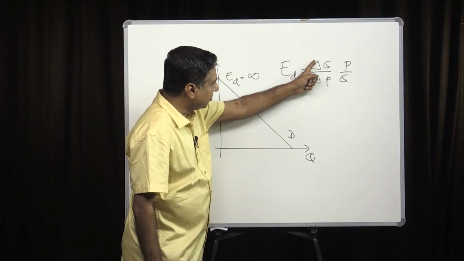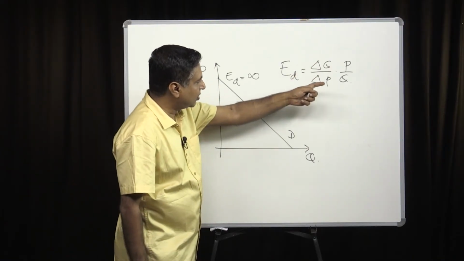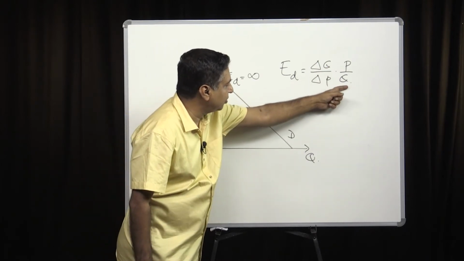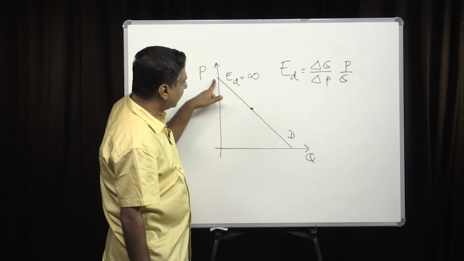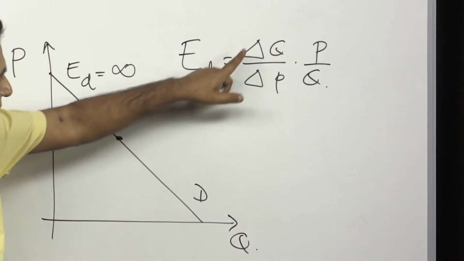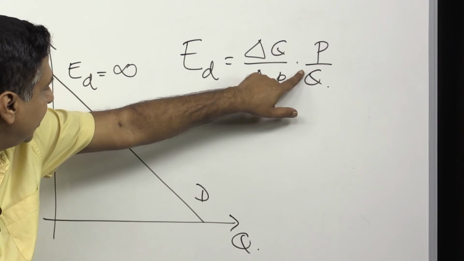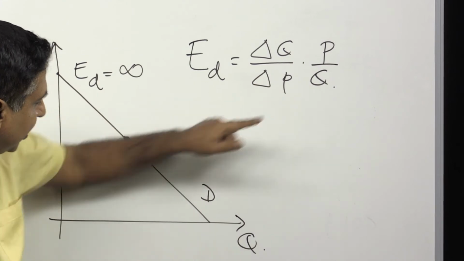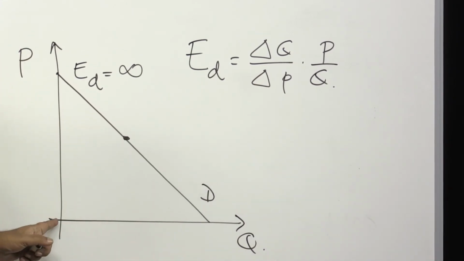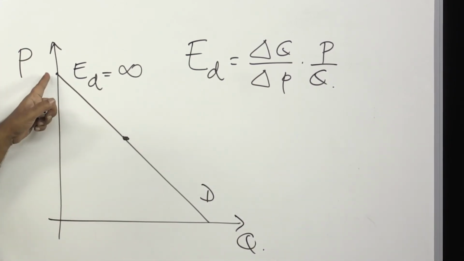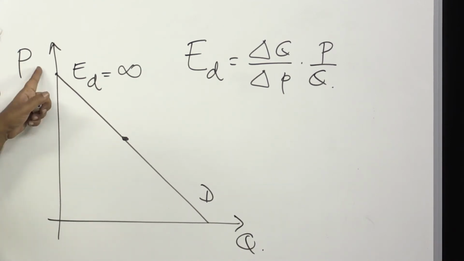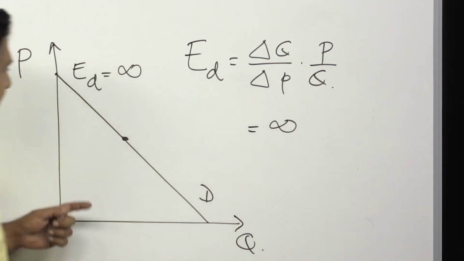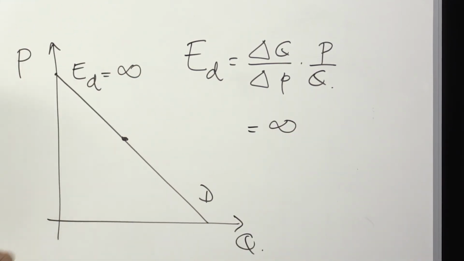Now this part is the slope, and the slope remains the same for a straight line, but the P by Q ratio changes. At this particular point, we have the slope multiplied by the price, which is this much, and the quantity divided by the quantity, which is 0. So if you divide anything by 0, you are going to get infinity. So therefore, this is equal to infinity at this point.